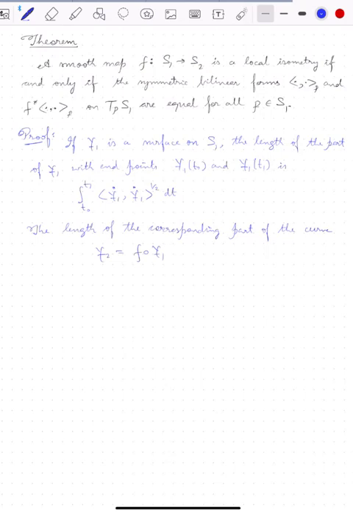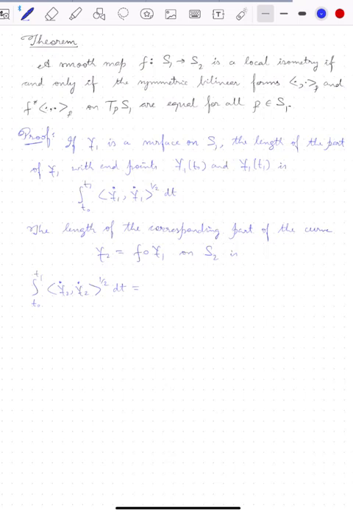And this is on S2. Now this gives us the integral from t0 to t1, and then we have the same formula, the square root of this into dt.